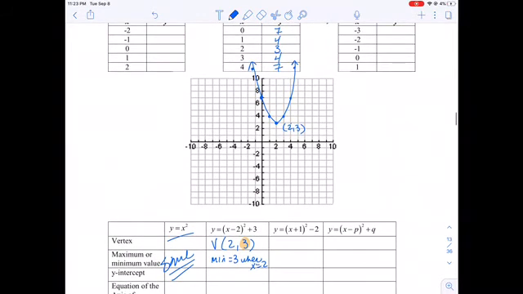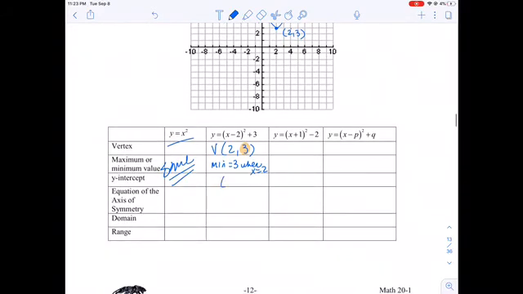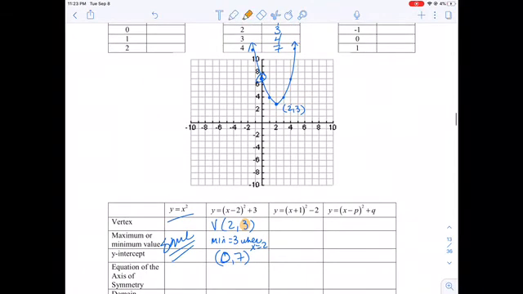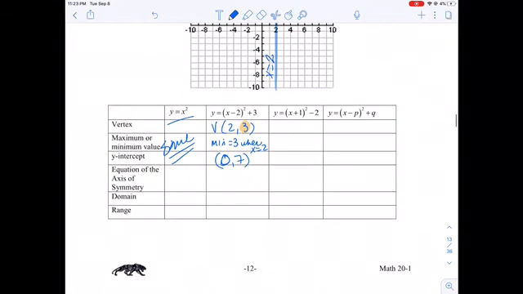Is there a y-intercept? Our y-intercept is right there at 0, 7. I'm just looking at the graph. The equation of the axis of symmetry, well, that would be right down the middle, where x is equal to 2. There's our x equals 2. And remember, the equation has an equal sign. You don't want to just say 2.